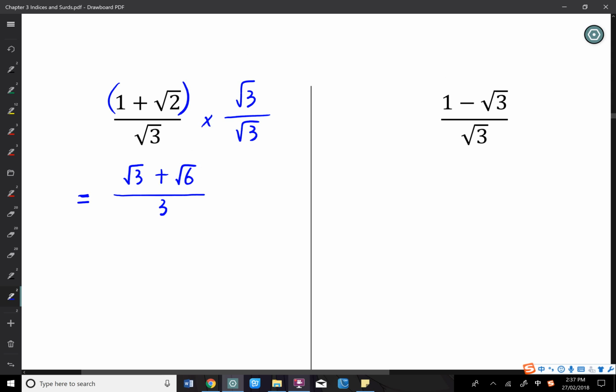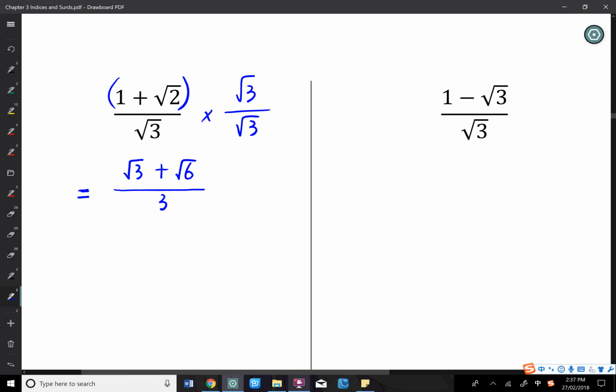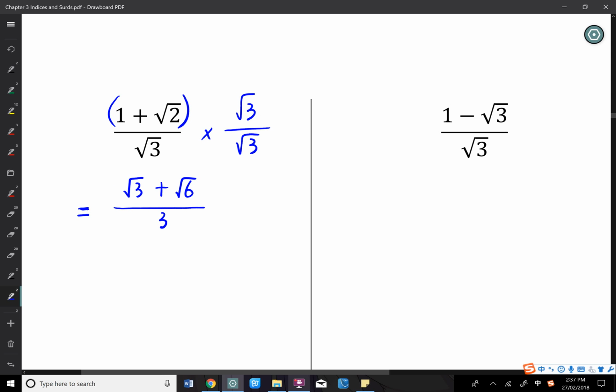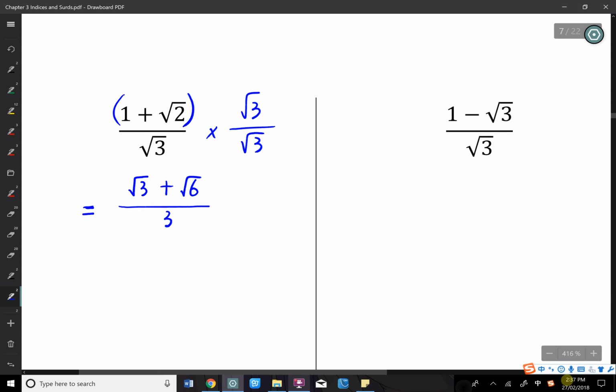There's a really common mistake, but I think when I say it, everyone knows that's wrong. But when you do it under test conditions, it's very easy to make such a mistake. For example, root 2 times root 3, it's very easy to write as a 6. When you have two roots and you're trying to get rid of them, I saw quite a lot of mistakes like that last year.